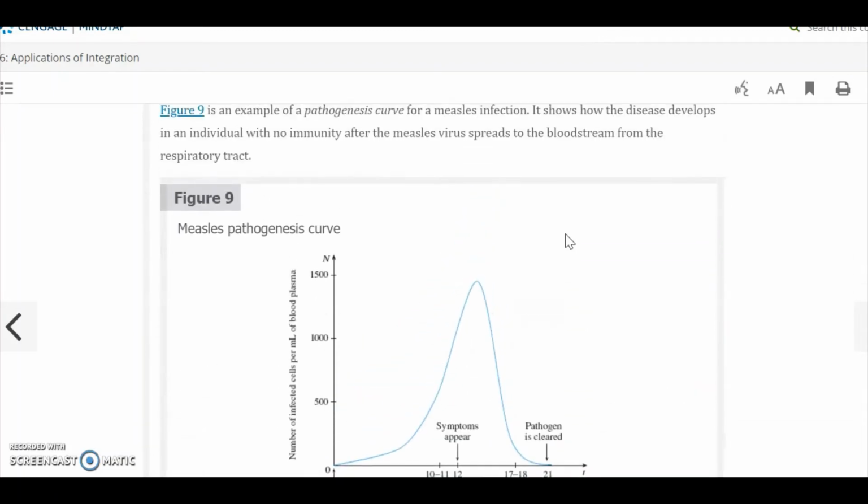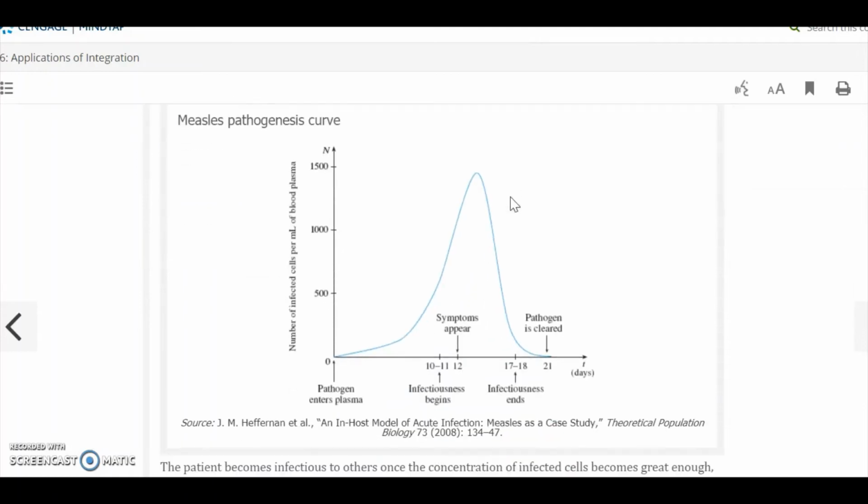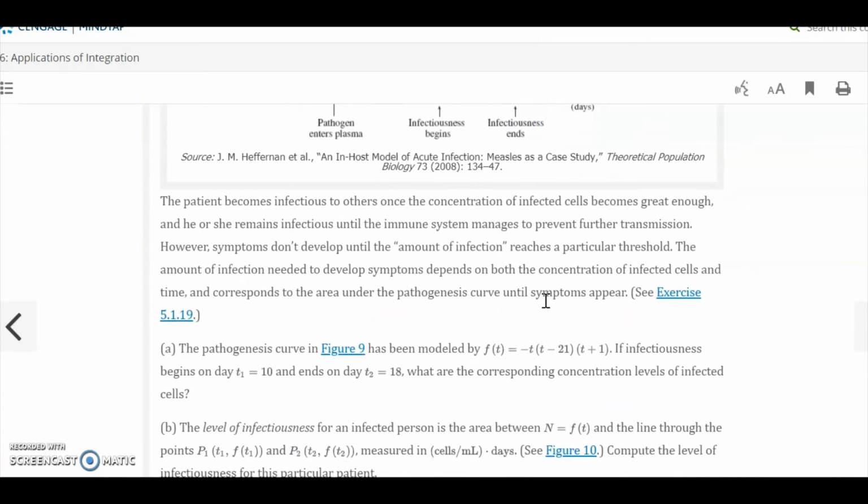Oh, this is interesting because it's talking about measles, so a nice little disease example. So it shows how the disease develops in an individual with no immunity after measles virus spread into the bloodstream from the respiratory tract. Okay, so you can estimate what that curve is going to be.